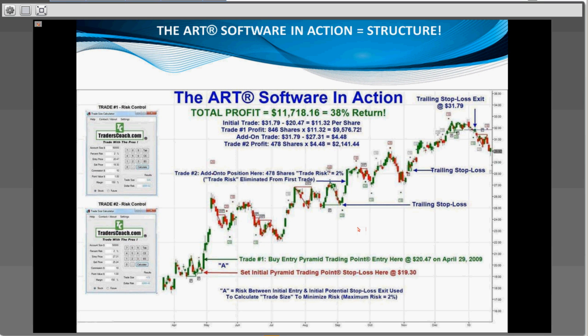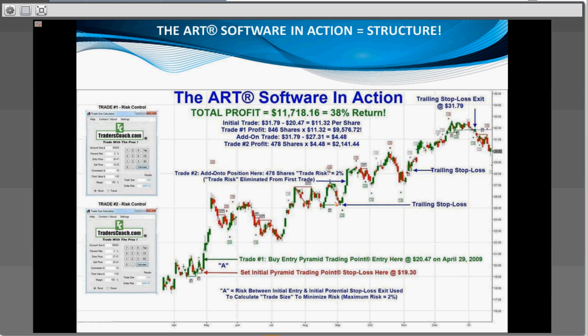Okay? So what does that allow us to do? It allows us to go back into the markets with another 2% of trade risk, doesn't it? So on this pyramid here, we calculate again the proper amount of contracts, and that's 478 shares on the second entry.